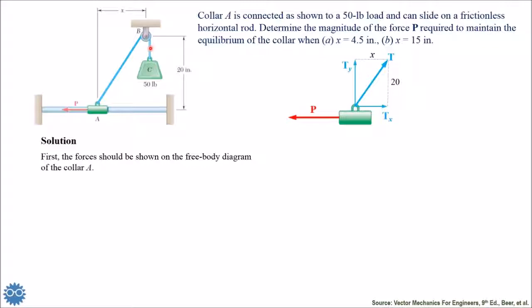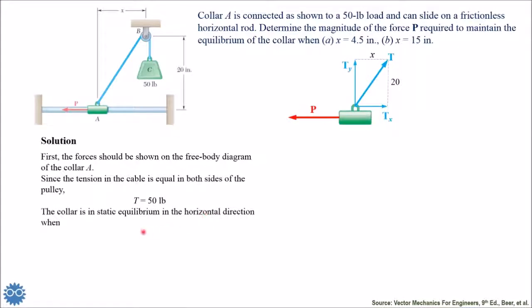That means that the 50 pound, which is the tension in this side of the cable, is the same tension as the other side of the cable. So we can say, since the tension of the cable is equal on both sides of the pulley, T will equal 50 pounds. So we know the value of T.